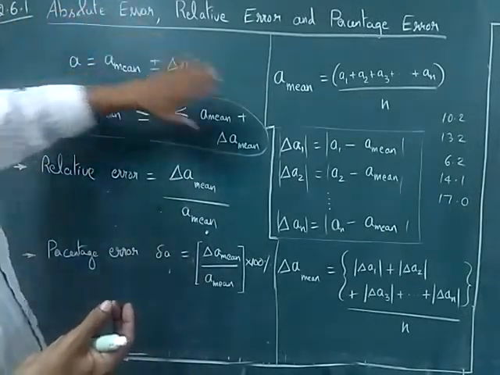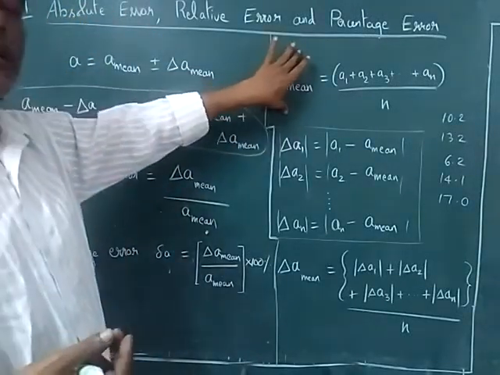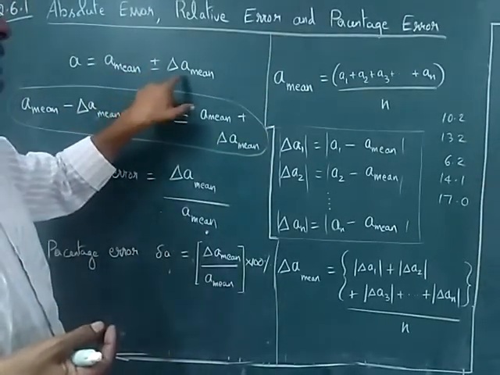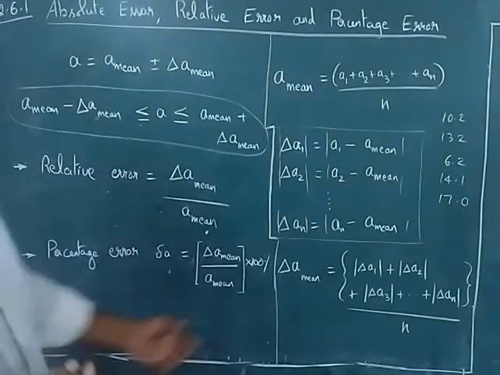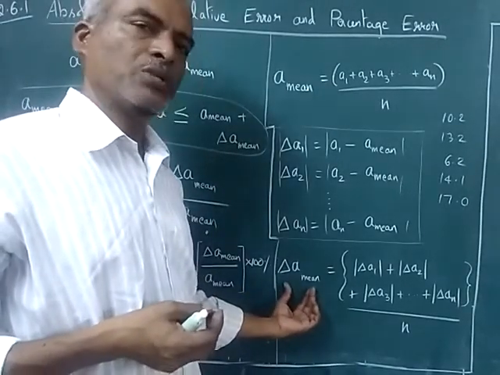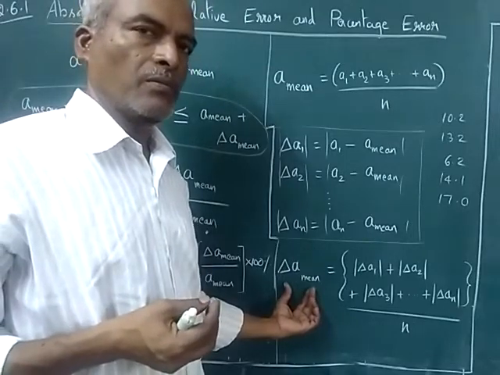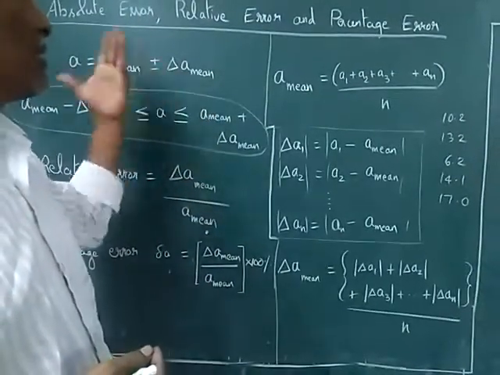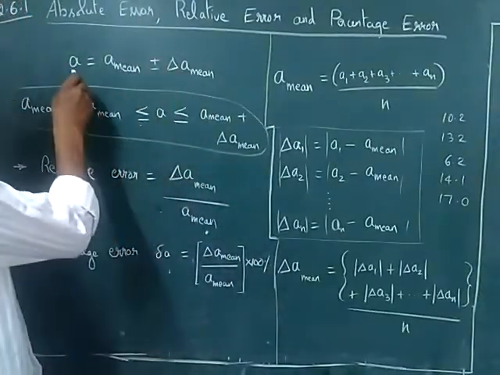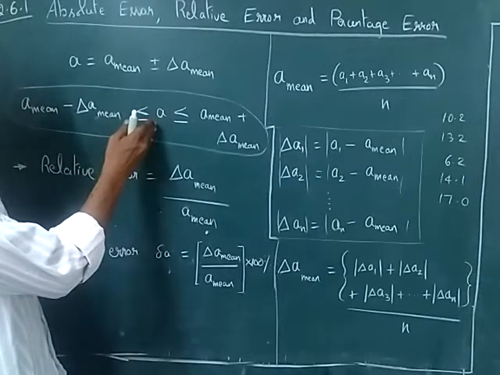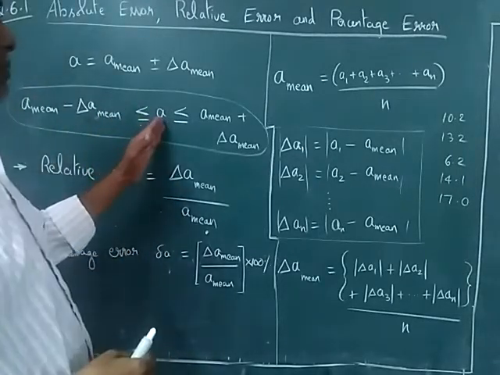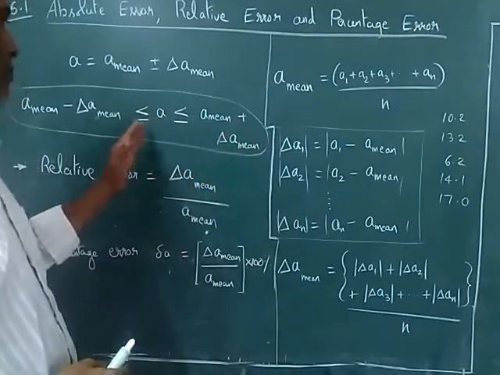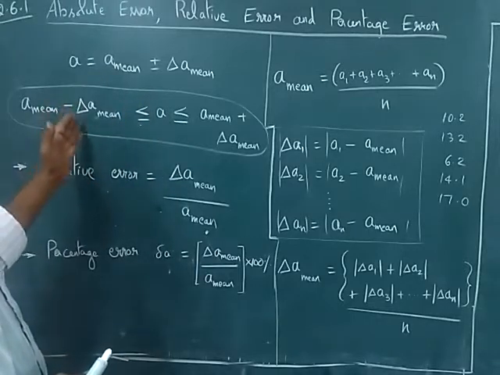So A mean means the average voltage, plus or minus del A mean, the average value of the absolute error. That is the meaning of plus or minus del A. That means A, the actual value, can be less than A mean plus del A mean, or A will be greater than A mean minus del A mean.